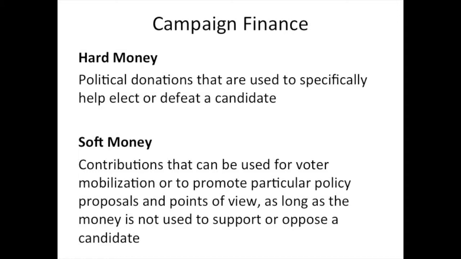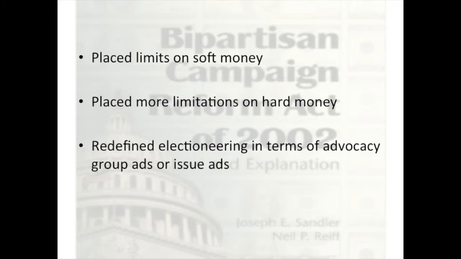What the Bipartisan Campaign Reform Act of 2002 did is it included several provisions designed to end or regulate the use of soft money on the grounds that it affects the outcomes of federal elections, so it should be treated similarly to hard money.